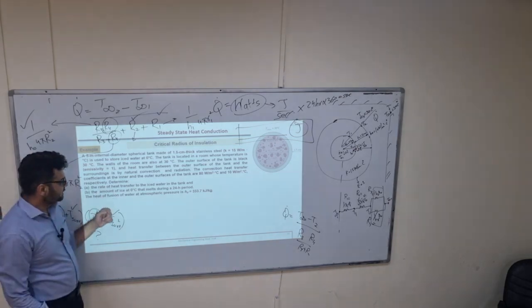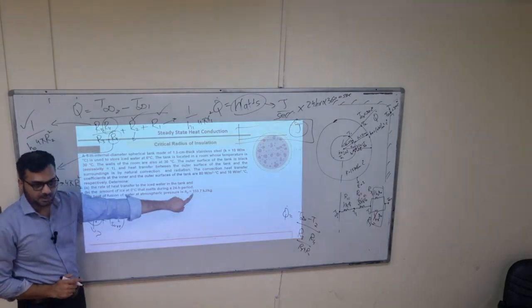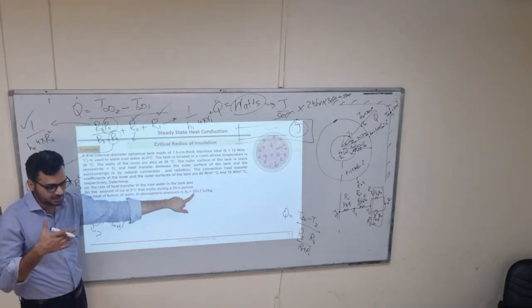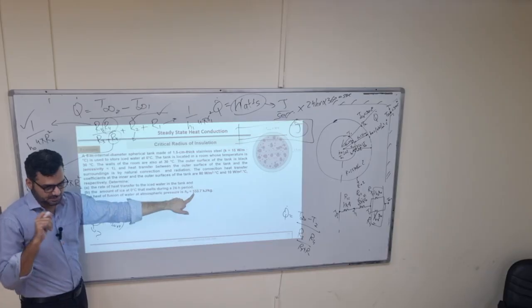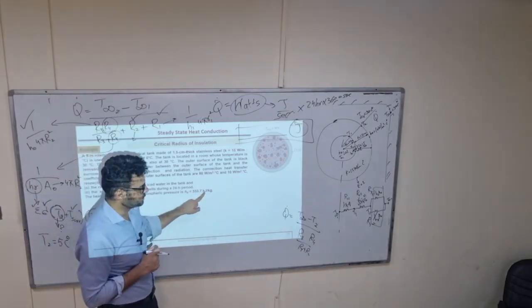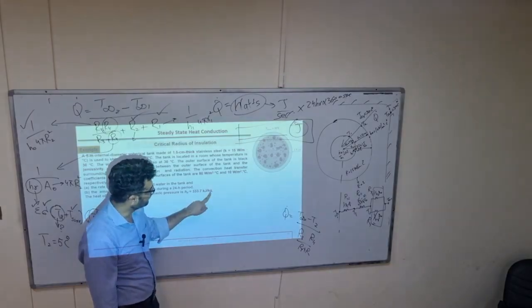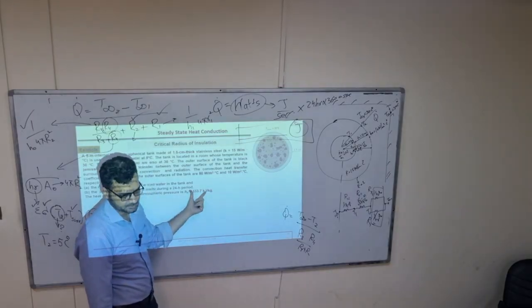Amount of ice: we need this much heat to melt the ice at 0 degrees Celsius. When ice is melting at 0 degrees Celsius, its temperature will not change. So what is that heat? For 1 kilogram, we know from the tables, this much heat is required.